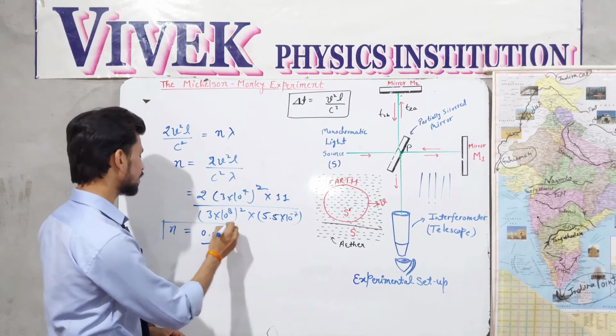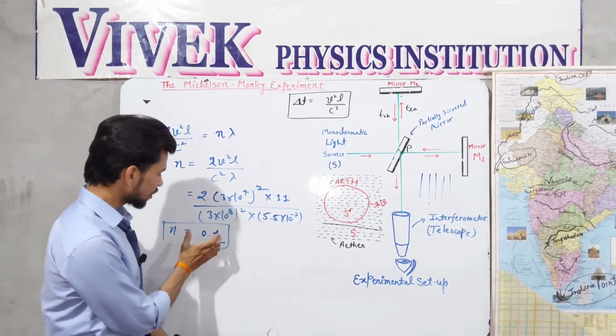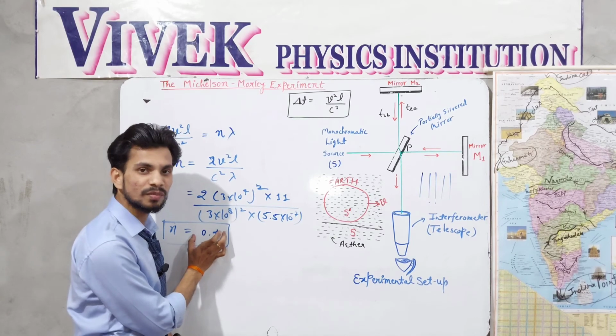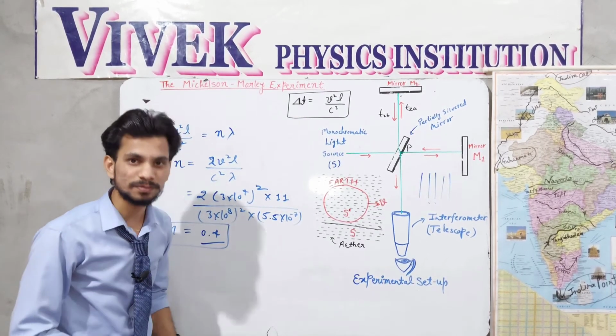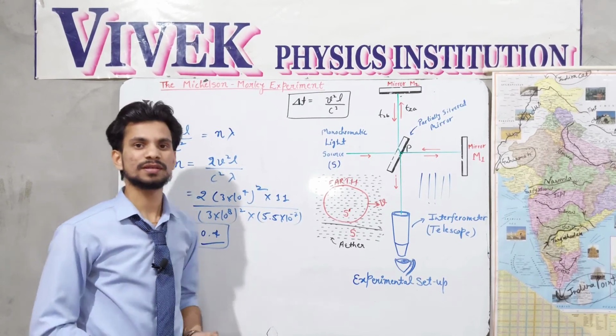So this will be the fringe shift. This much fringe shift will occur if we perform such an experimental setup with such considerations.